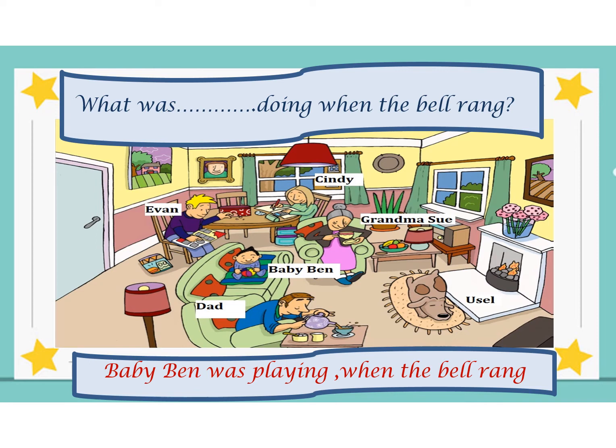So here we use the past continuous tense by using Baby Ben or he with was and the verb with ing. Then after that, the action that cut what Baby Ben was doing: when the bell rang. So the second part of the sentence comes in the past simple tense.